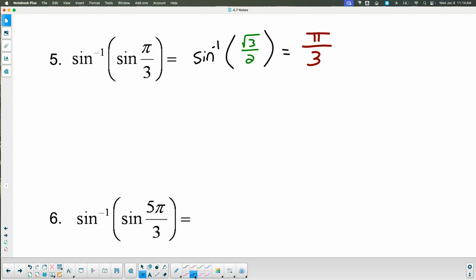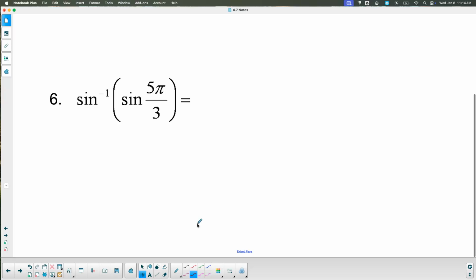Sine of 5 pi over 3 is negative root 3 over 2.